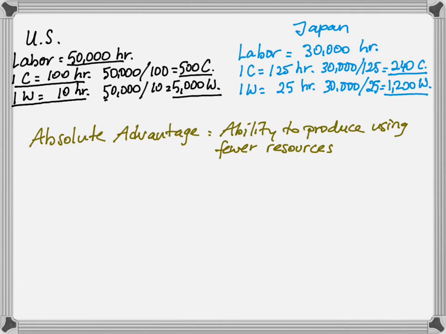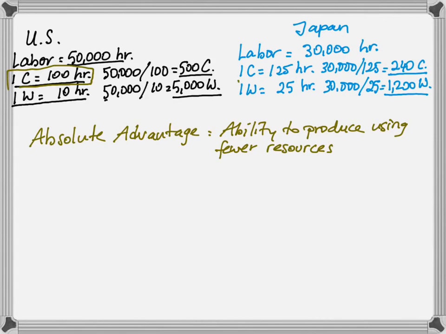If you look at these two countries, we need to ask this question: which country has absolute advantage in the production of computers? For the United States, it takes 100 hours to produce one computer.